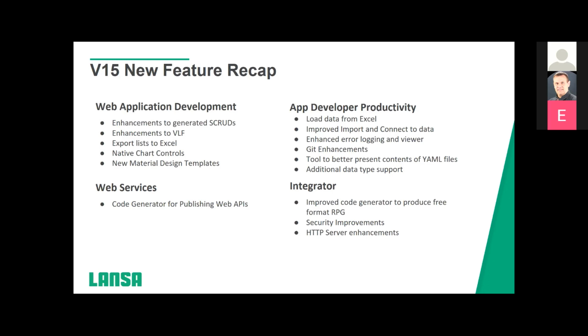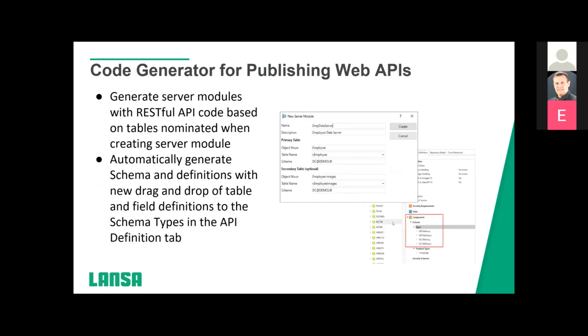So I'm just going to talk a little bit about some of the V15 features before we get into V15 Plus that I think I want to highlight a little bit more for those that are not fully aware of the V15 features. So code generator for publishing web APIs. So you generate server modules with RESTful API code based on tables nominated when creating the server module.